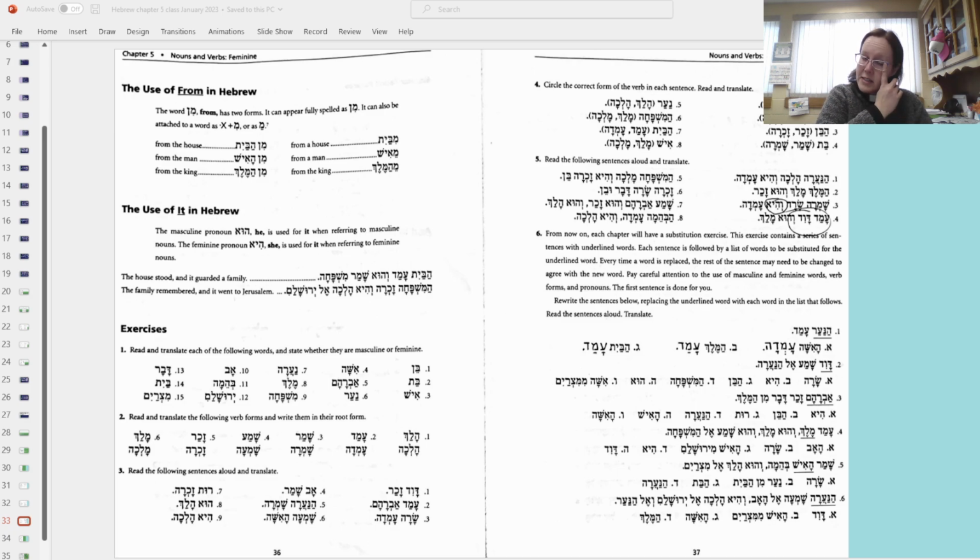That is a masculine word. And then we have bayit. It has a tav at the end, so it's house. So the tav at the end, it's a feminine noun. Number 15 is Mitzrayim.